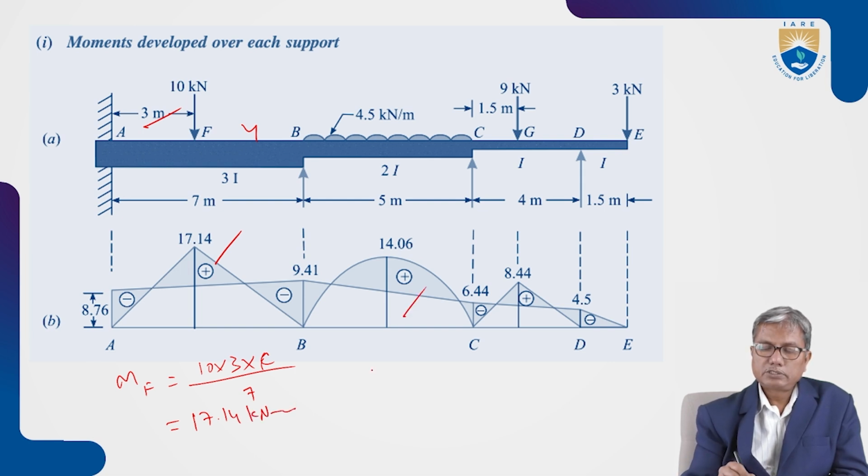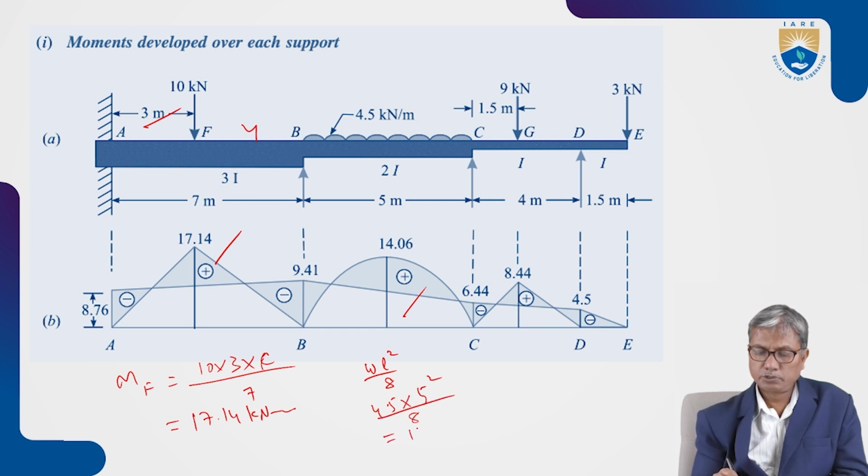And here it is WL squared by 8. W is 4.5 into 5 squared by 8, which comes out to be 14.06.